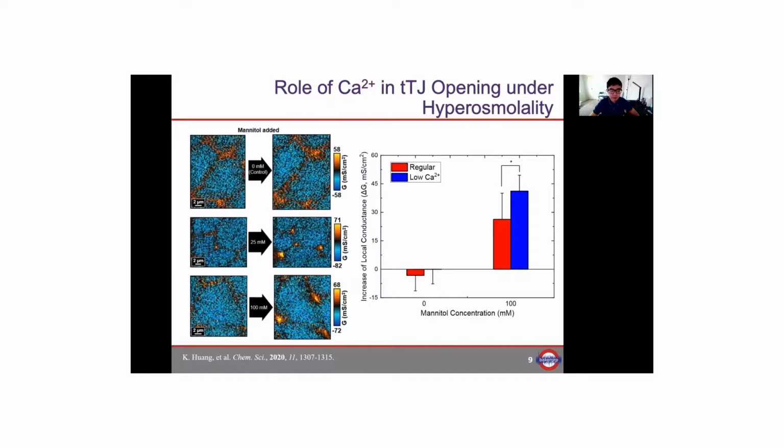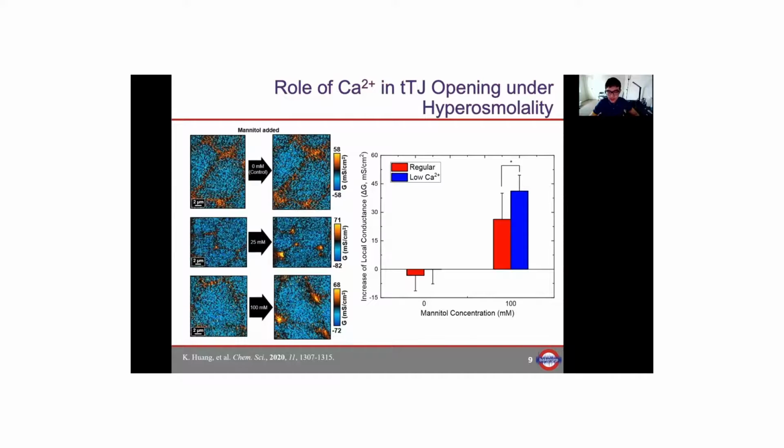condition. The first factor we studied is the concentration of calcium in the bath solution, which is necessary to the formation of tight junctions. In this experiment, I lowered the calcium concentration down to 2 micromolar, and we can see that the tricellular junctions opened greatly even when the mannitol concentration was as low as 25 millimolar.